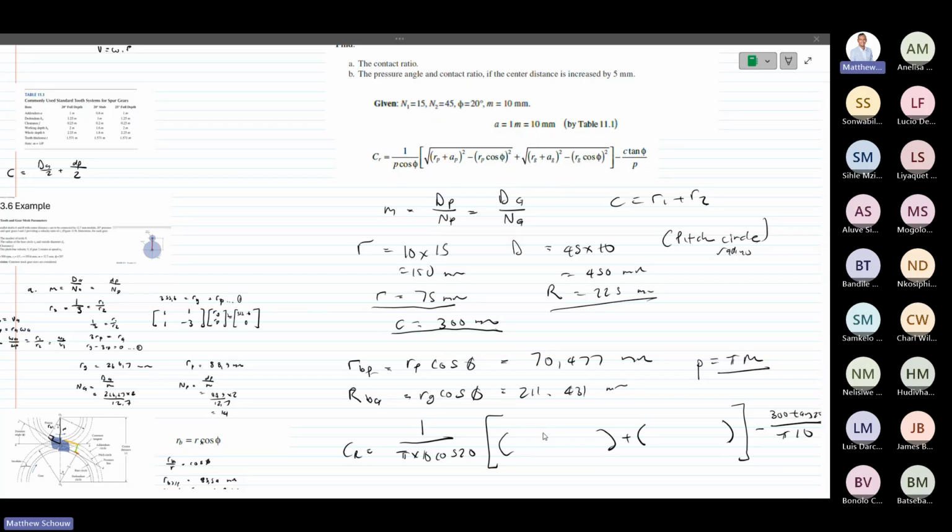Let me just see the nomenclature if they've got it as base. That's the pitch circle. Just want to confirm something, guys.